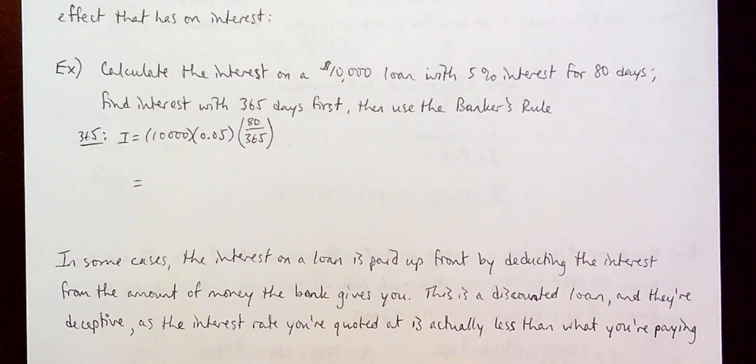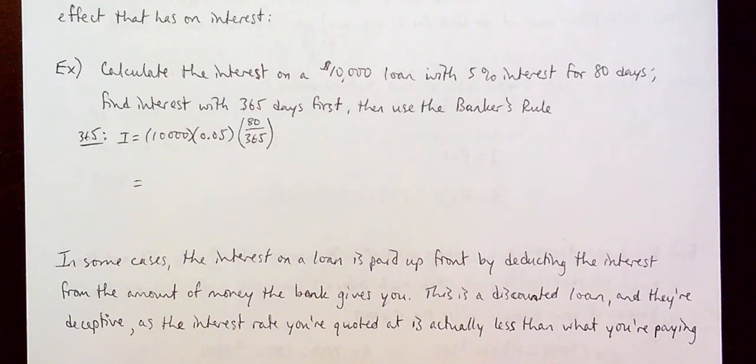So if we were to take out our calculator, if we do 80 divided by 365, you see we get kind of an ugly looking decimal, 0.219178, something like that. Take that, multiply it by 0.05, and then multiply that by 10,000.